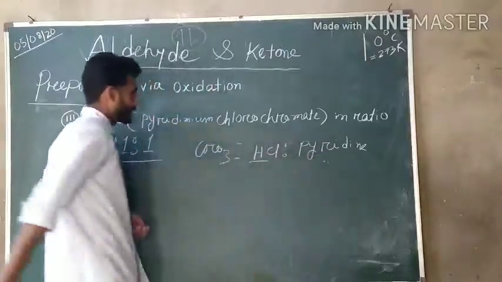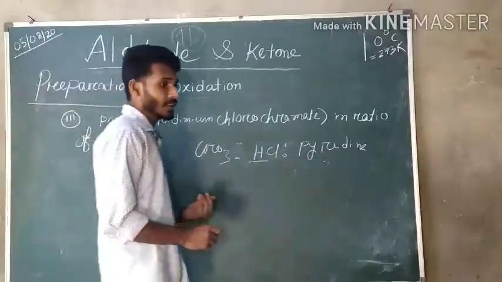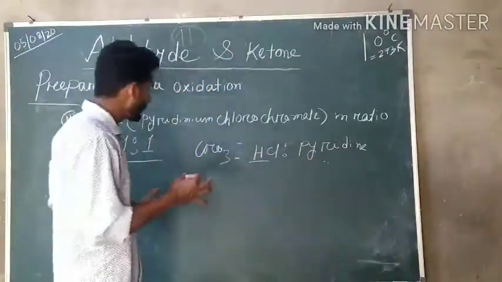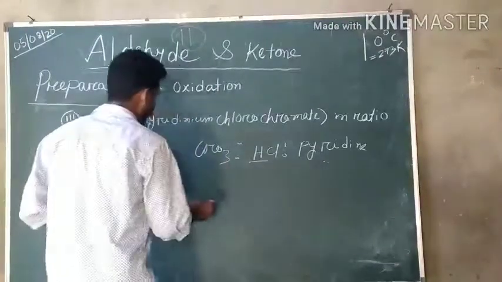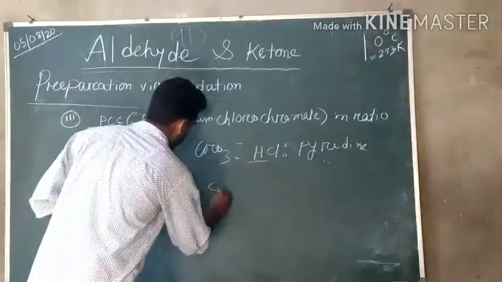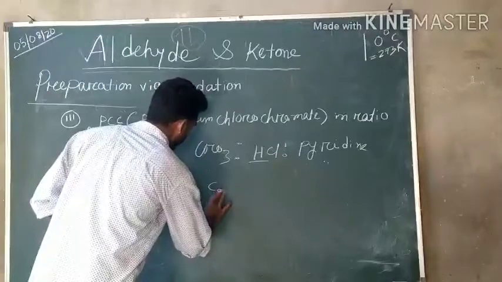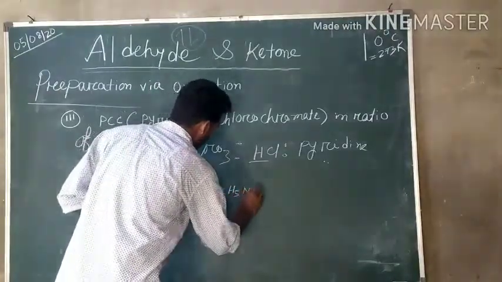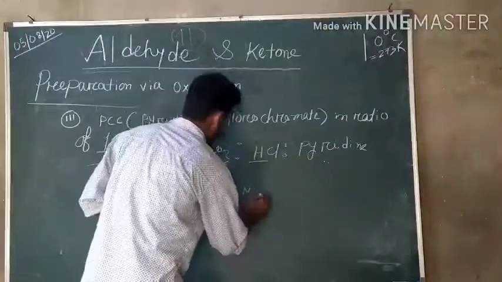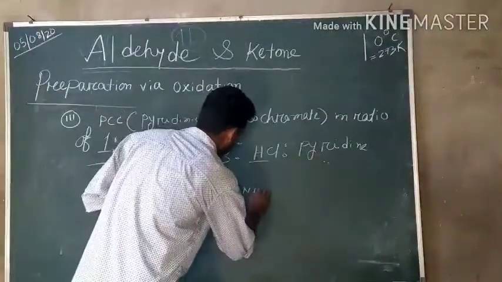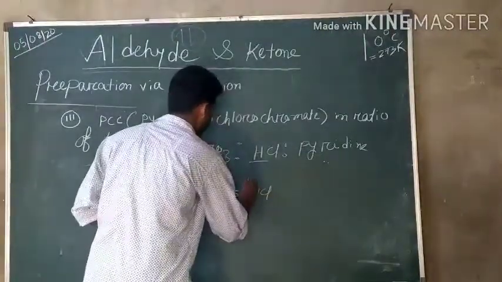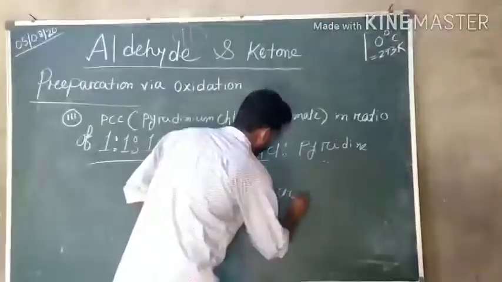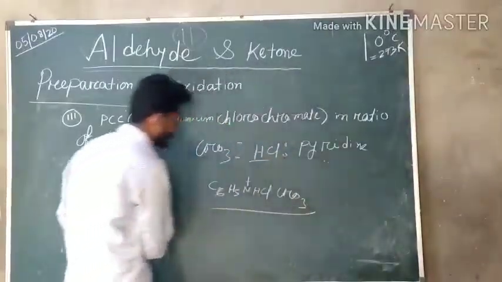The intermediate will look like this, with C6H5 and HCl.